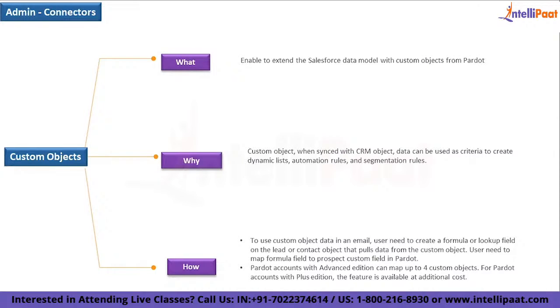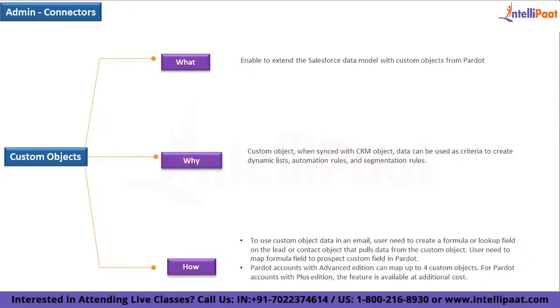But you don't get to see that, you don't get to work on that, unless an account object is synced with Pardot and you map all your prospects based on the account. In that case, what you can do is create a custom object on Pardot and sync that custom object with an account object on the CRM.